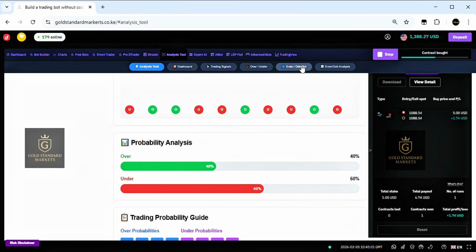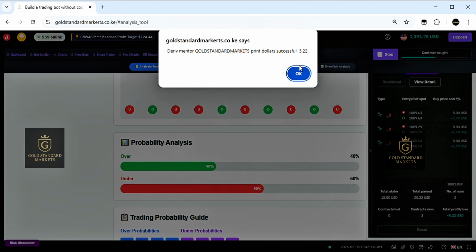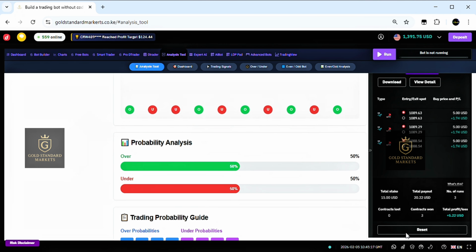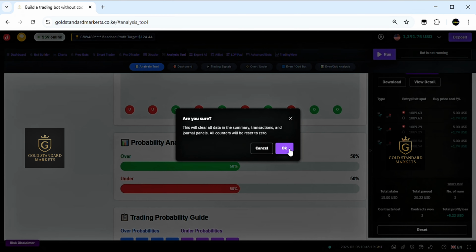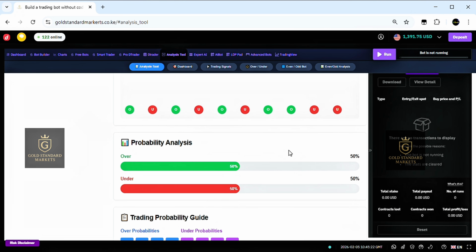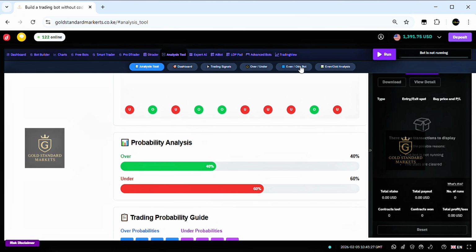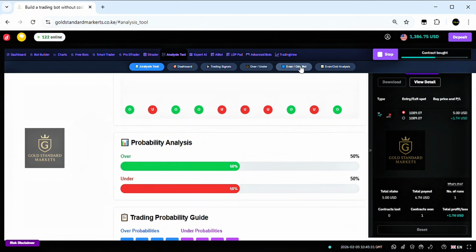Maybe I would stop when we get to 1,500, but let's just keep going. Okay, 1,500 will give us a $200 profit, so let's target that. TP hit already, so we reset, and then we go in again. We reset and go in again.